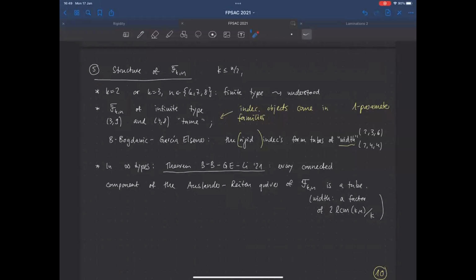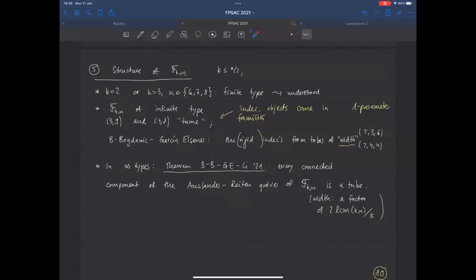The tubes, well, before we knew the width exactly, right now we only know that they are a factor of this number. And then they can vary. You see here that they're not constant.